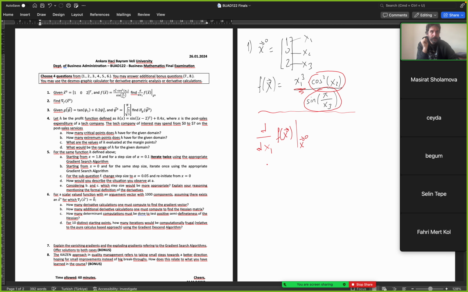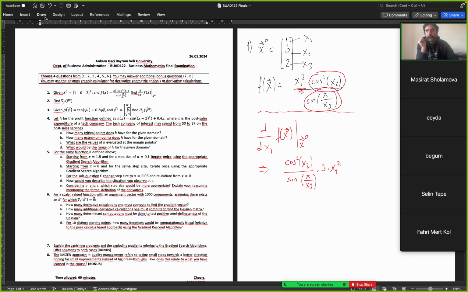So what I will have is cosine squared of x2 over sine of pi over x3, times the power 3, times the argument with the power just decreased by 1. So this is your derivative function.